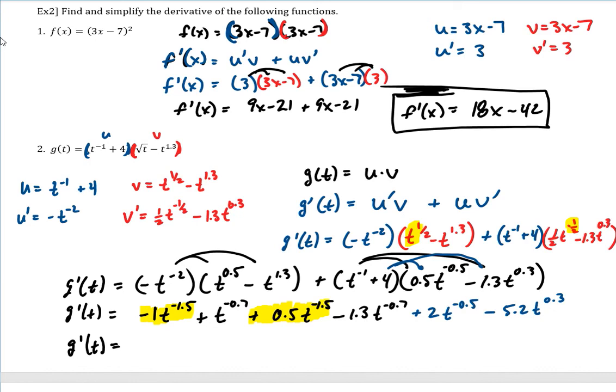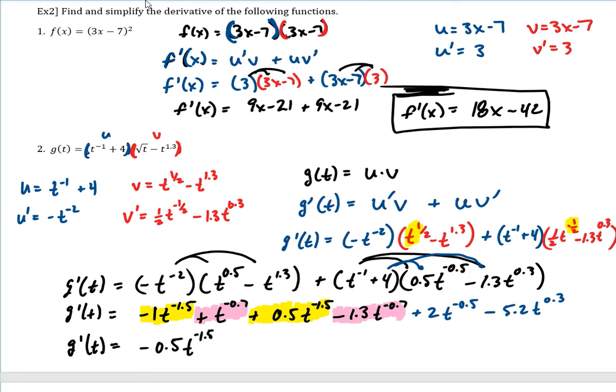Negative 1 plus 0.5 would be negative 0.5, and then the t to the negative 1.5 is the power still. And let me clean that. That looks bad. Let's change that. Negative 1.5 there. Okay, and then it also looks like I have one other common term, like terms, the negative 0.7 power.